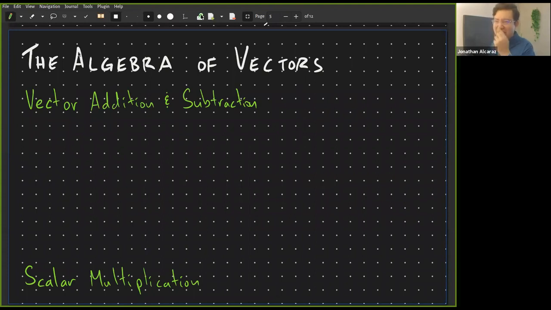I called it the algebra of vectors. Some people might even be tempted to call this the arithmetic of vectors. Maybe I'll write that in, maybe that's a better name here. Okay, so that's just an alternative name.